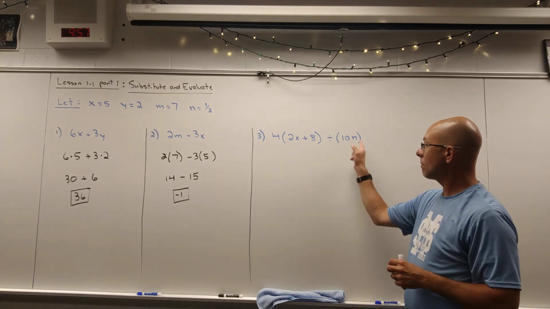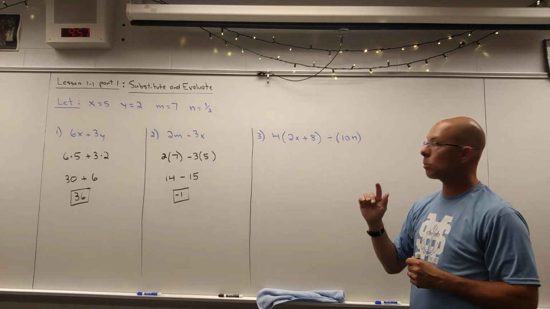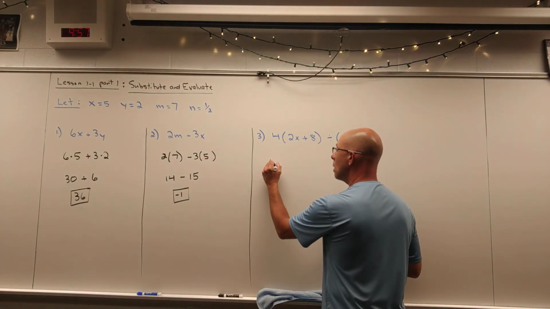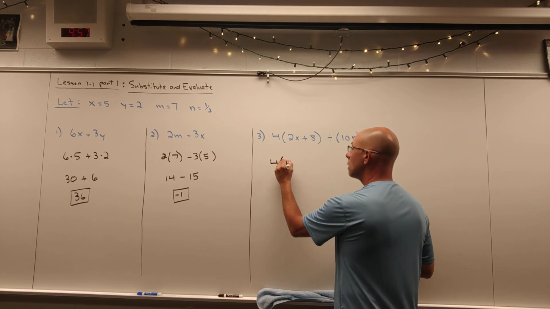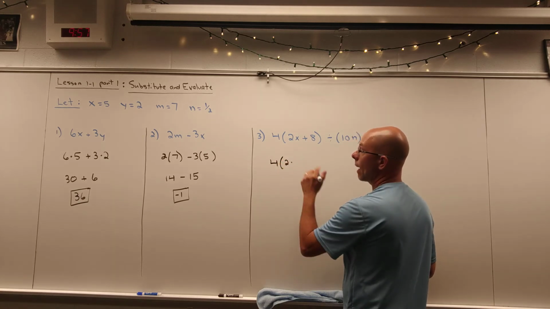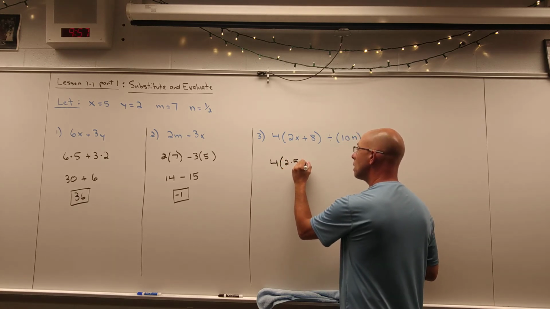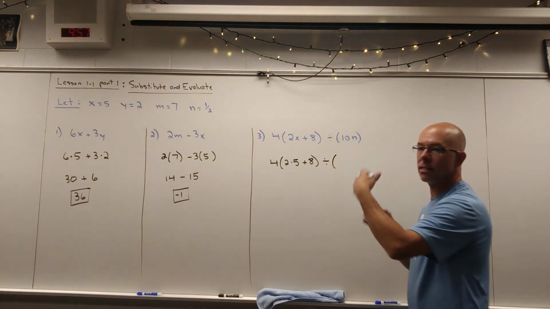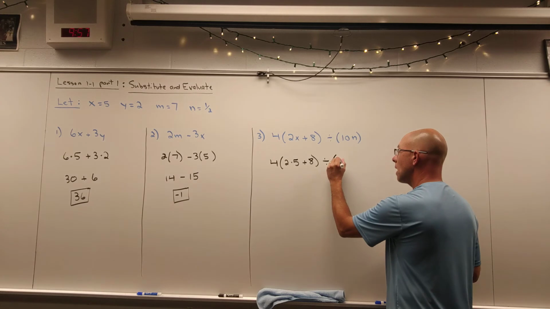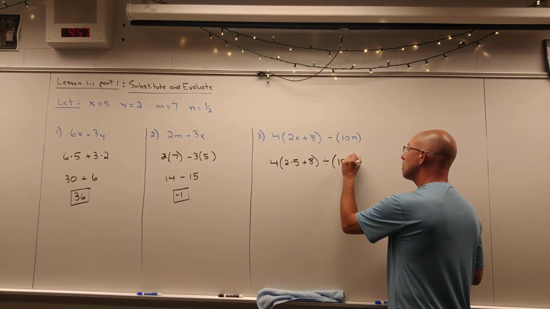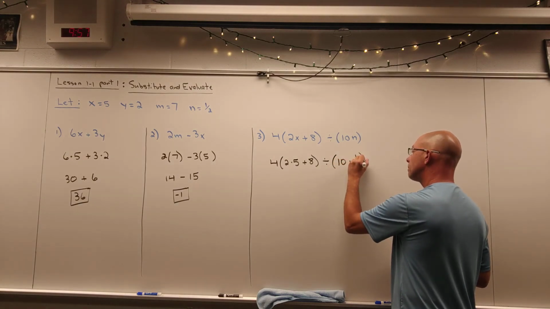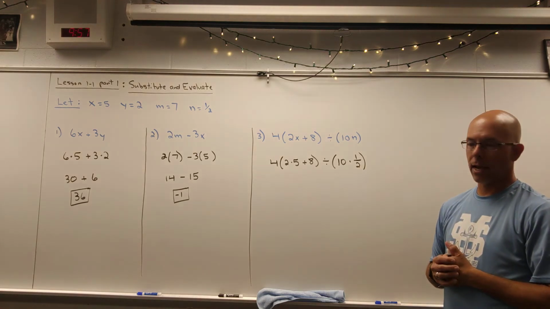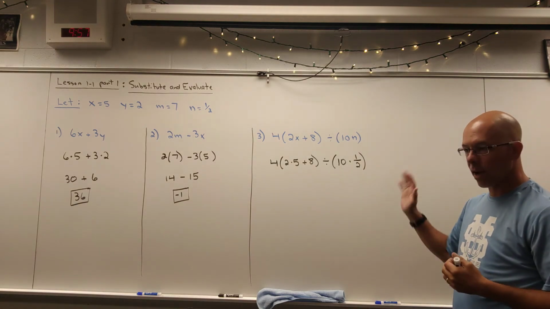So we have a couple of variables to substitute for, and that's what we're going to do. So let me do that first. So 4, 2 times x, which is a 5, plus 8 divided by 10 times n. So 10 times 1/2. So there's our original problem, technically, when you say it. There's the order of operations.